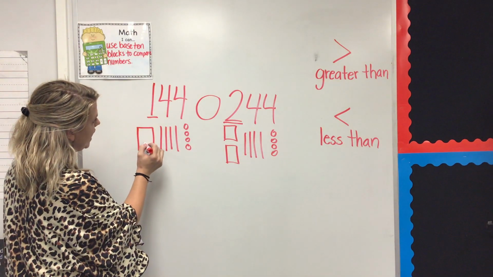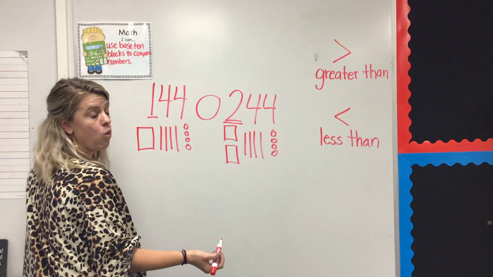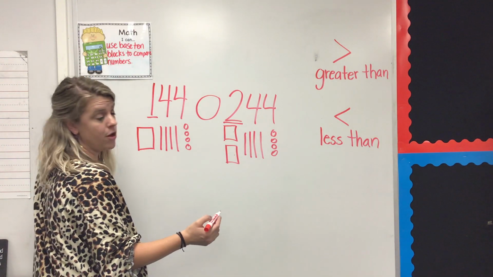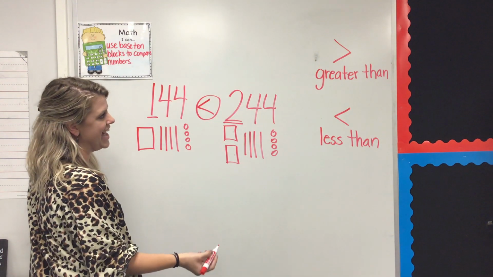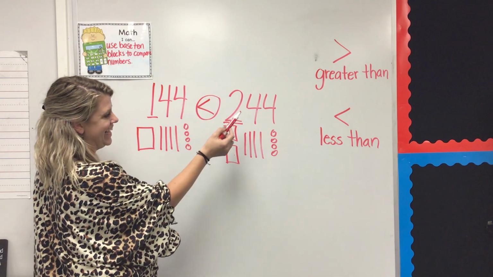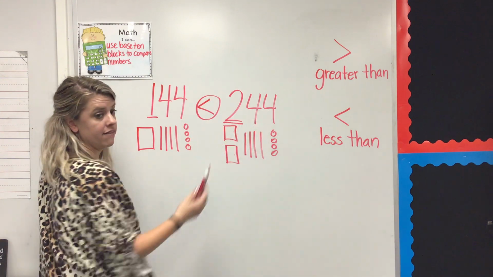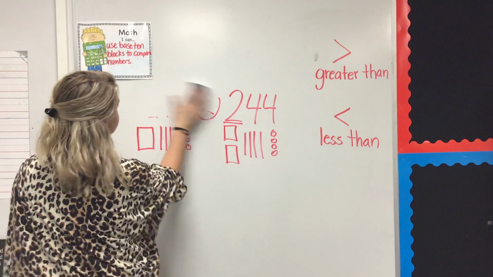We have 100 and 200s. Where should my alligator's mouth be open to? It should be this way, and we read that 144 is less than 244. All right, here's problem number 2. Are you ready?